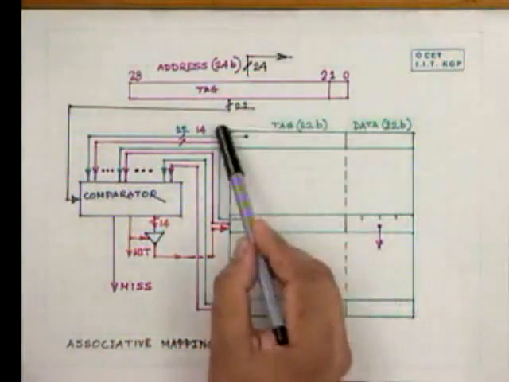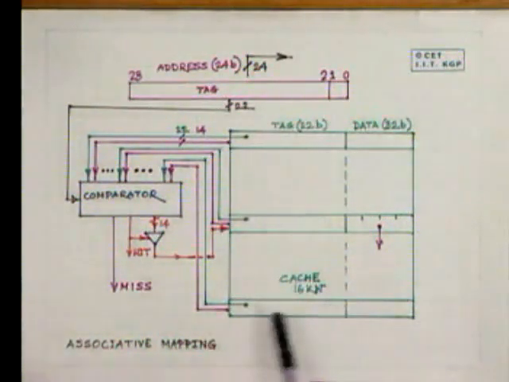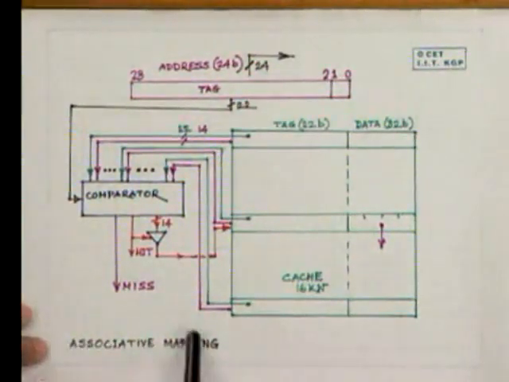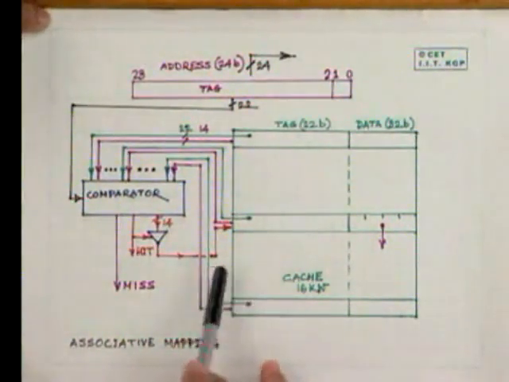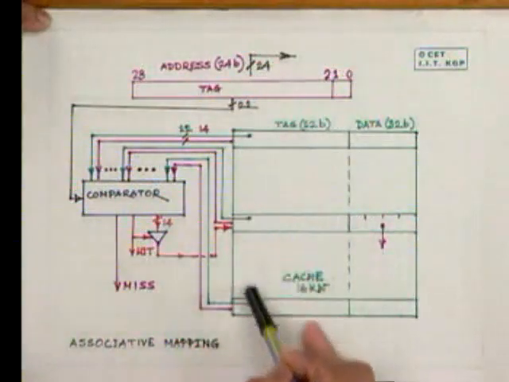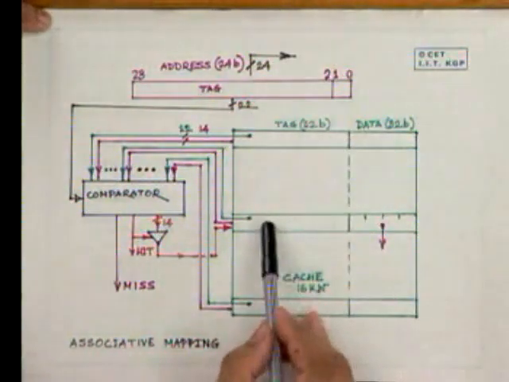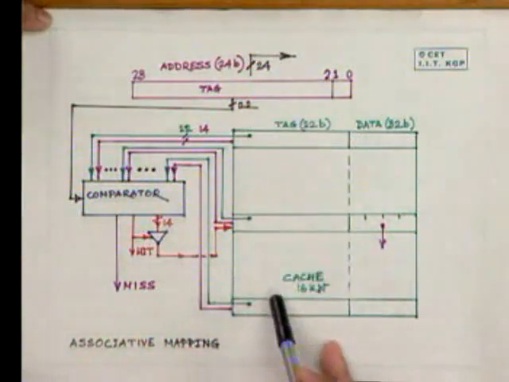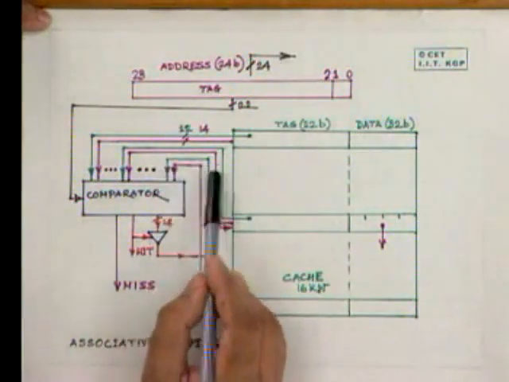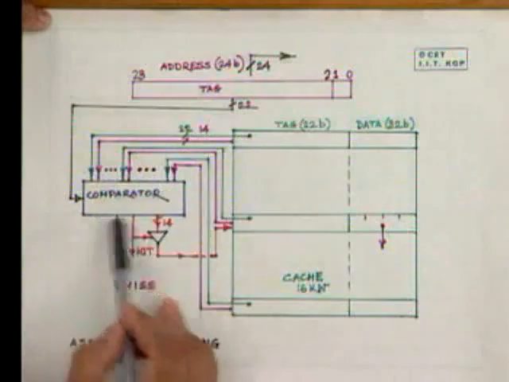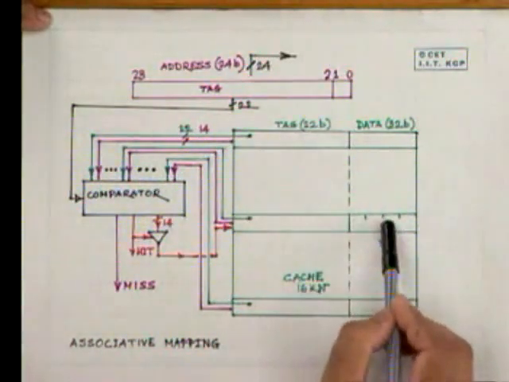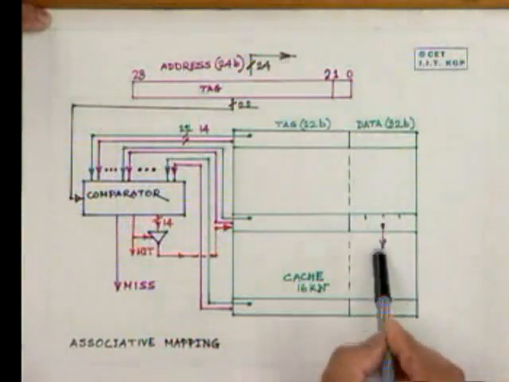This is called content addressable memory or associative memory, and therefore we call it associative mapping. Let me repeat once more that this is content addressable memory. That means the address is found out by the content of a particular memory location. The content is taken; if it matches the tag field, then the address is found out, and the content of that particular address is taken out as our expected data.